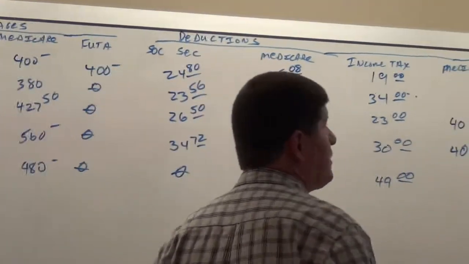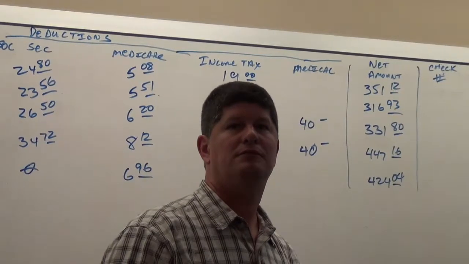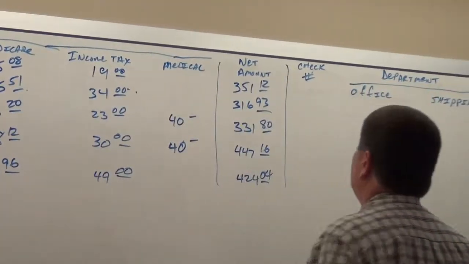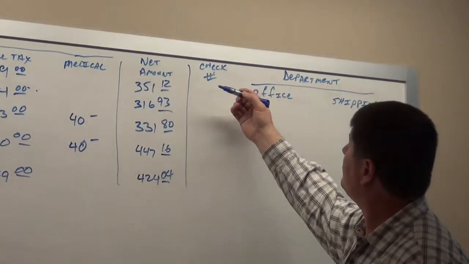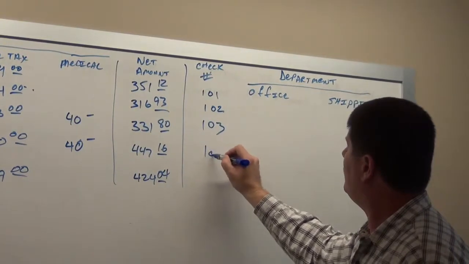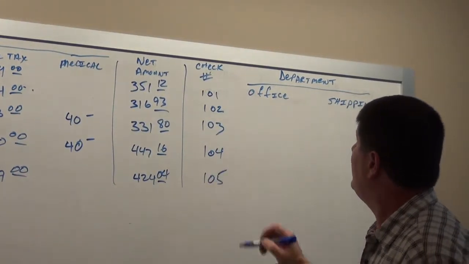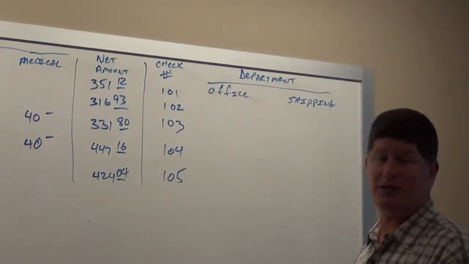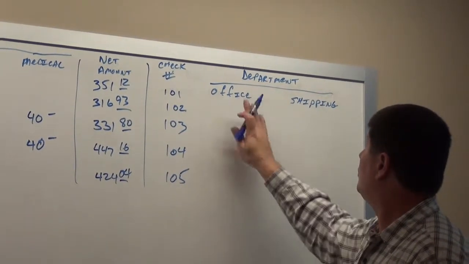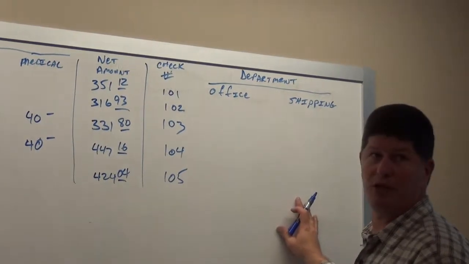Okay, everybody see where we're at so far? All right, so when we issue a check, you write in the check number 101, 102, 103, 104, 105. And since we're posting this to our general ledger, you can put in a column for each department you may have.